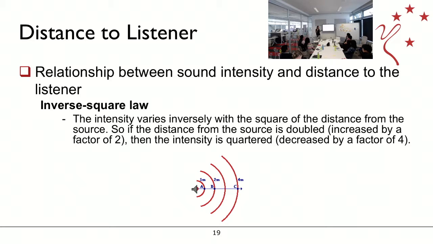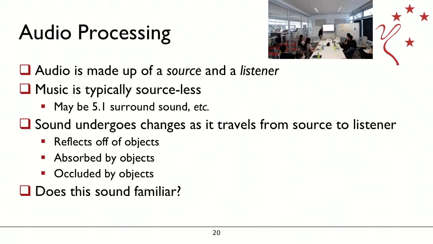In other words, it's 1 over the square of the distance. So something really close to me will appear very loud, and something that's away will appear softer, and the change will follow this inverse square law. The further it goes away, the more precipitously it drops off. Again, these are just the technical bits.